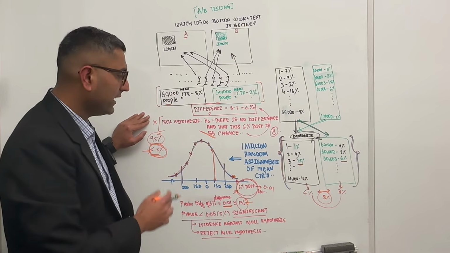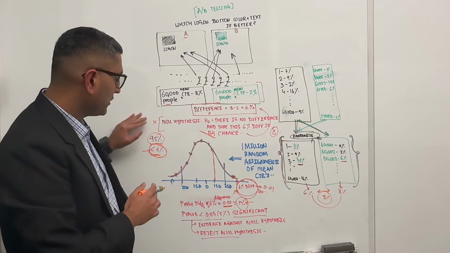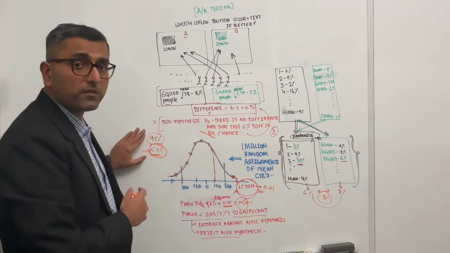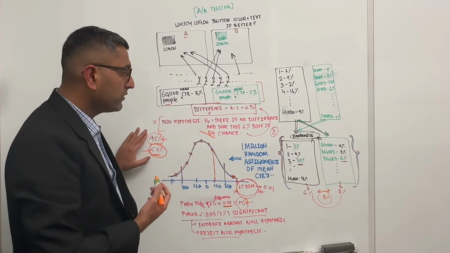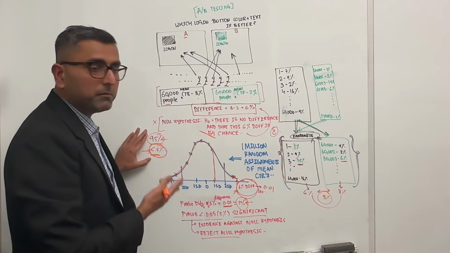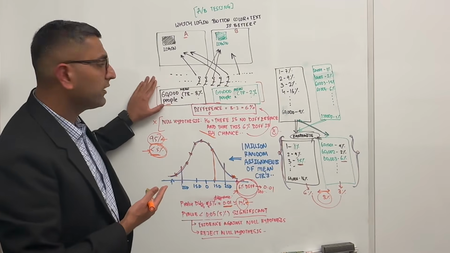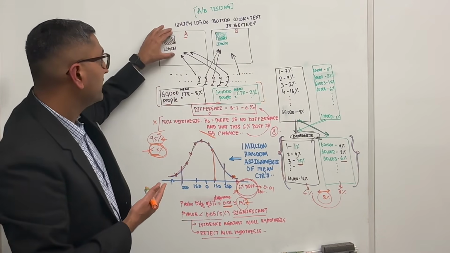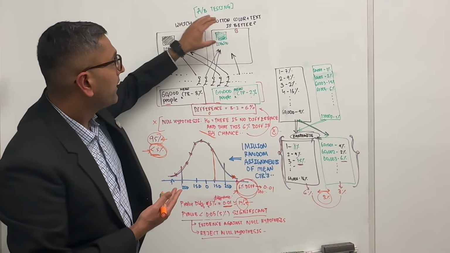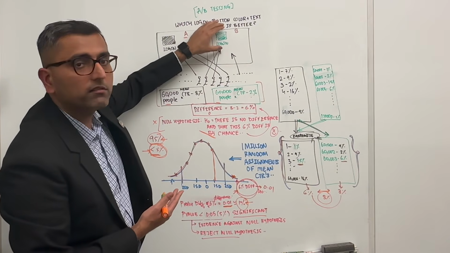But this is not by chance, because my threshold is 5% and confidence 95%, so I would say that this is significant, meaning there is indeed a difference between this button with this text CTR and this green button with this CTR.